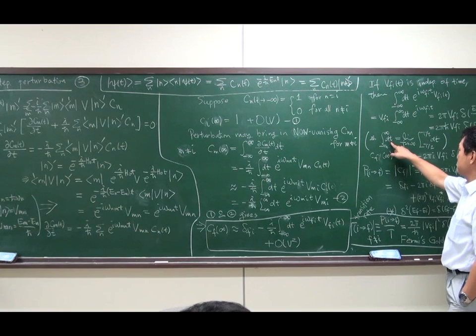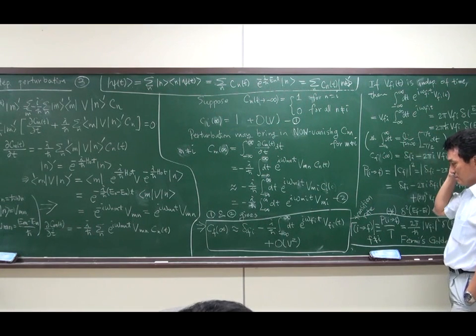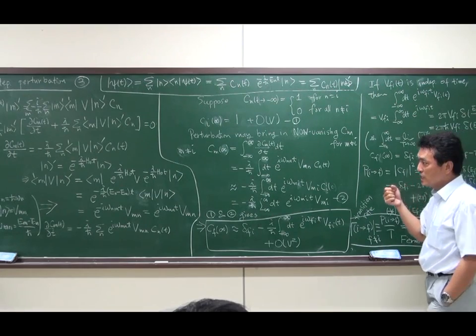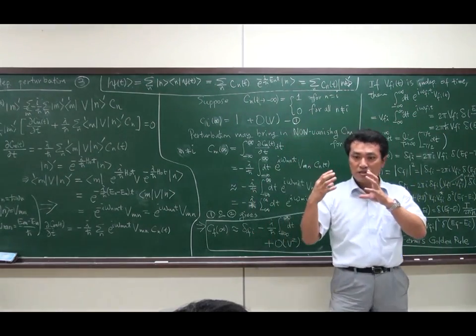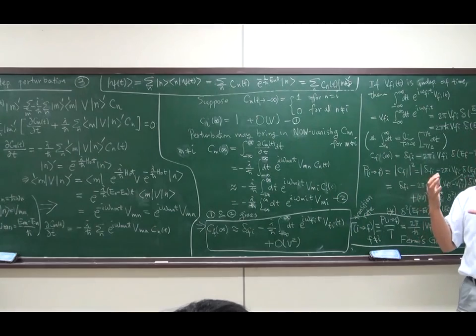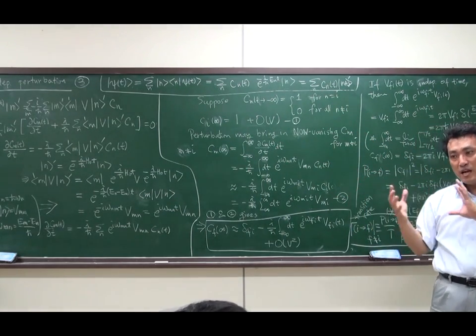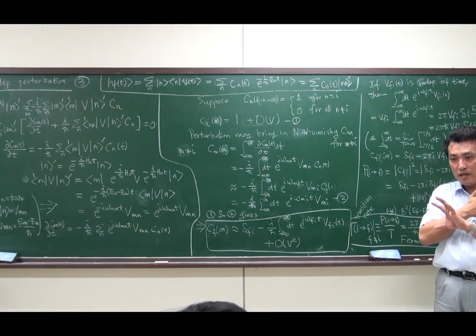Remember that the integral over time, in physics, is from minus infinity to infinity, but actually the interaction is happening within a finite space, and before the interaction it is a free particle, and after the interaction it is a free particle again.